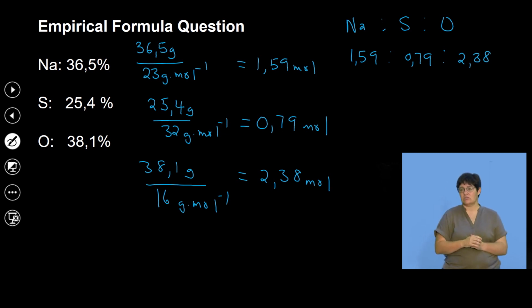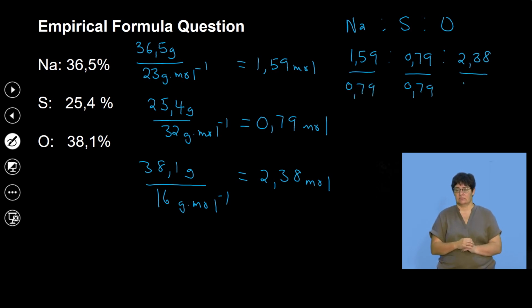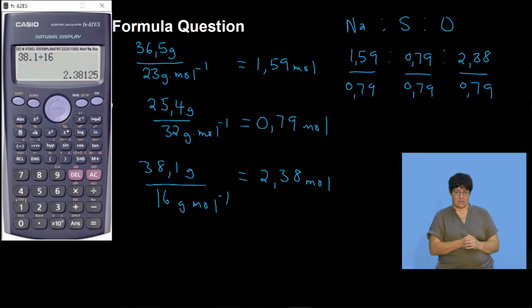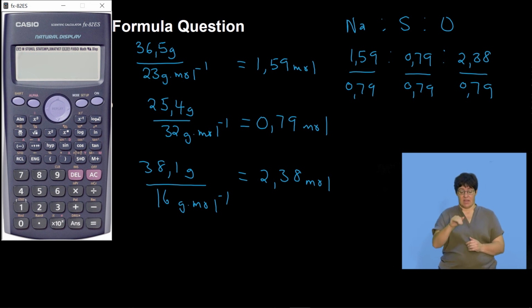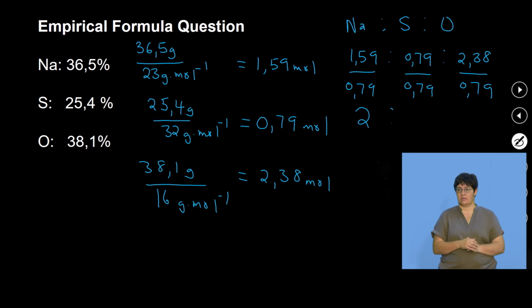So now we want to simplify this because we want to get the empirical formula. So we'll definitely divide, let's say, by 0.79 throughout, okay? 0.79 divided by 0.79 will obviously give us a 1. Then 1.59 divided by 0.79 gives us a number 2, so this is a 2 is to 1.